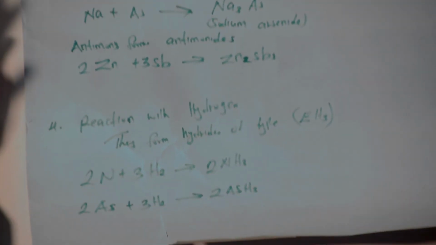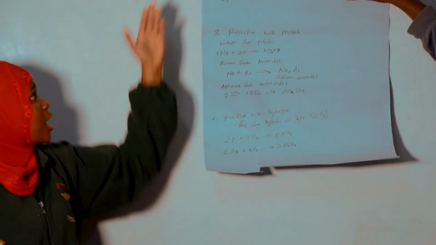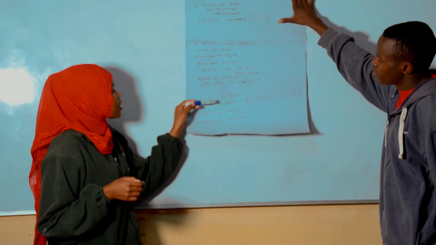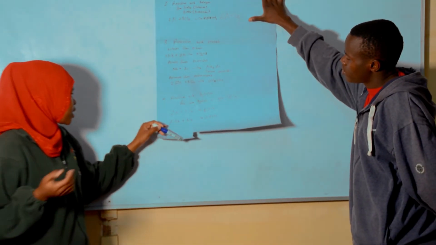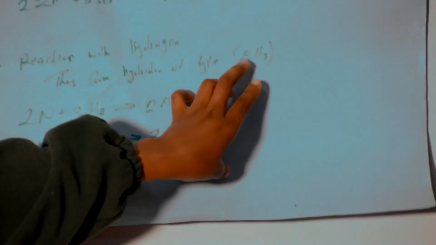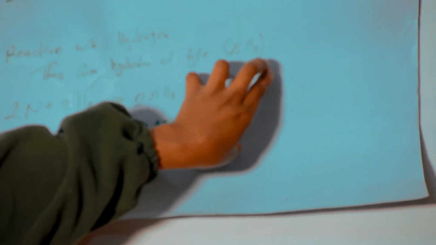The last reaction under chemical properties is the reaction with hydrogen. Here they form compounds with the general formula EH3, where E represents the group 15 element.